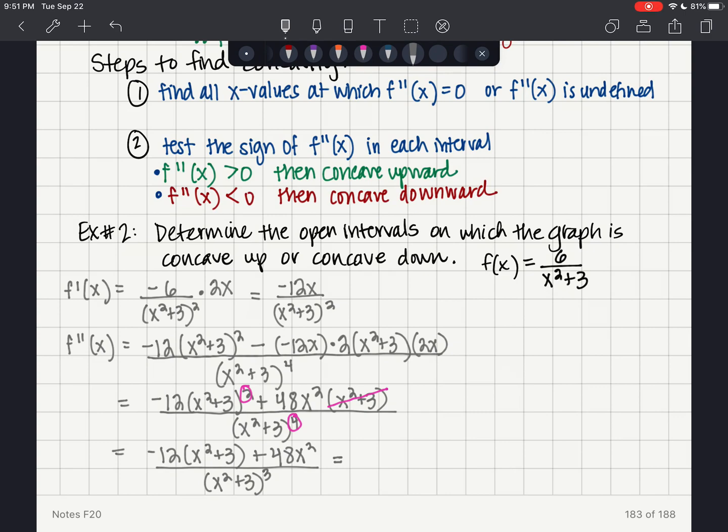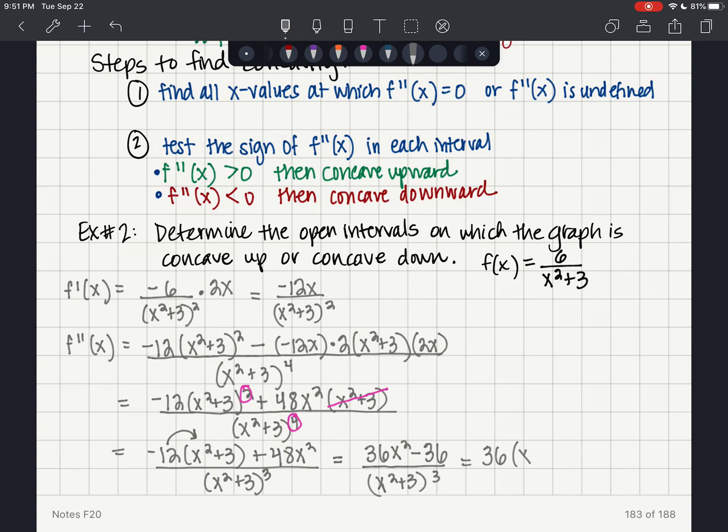And that's going to equal negative 12x squared plus 48x squared is 36x squared minus 36 all over x squared plus 3 quantity cubed.